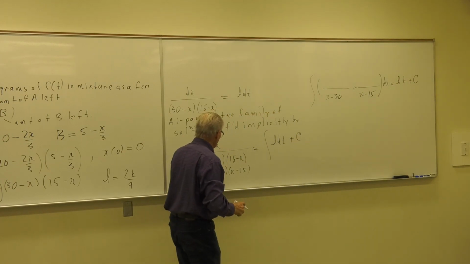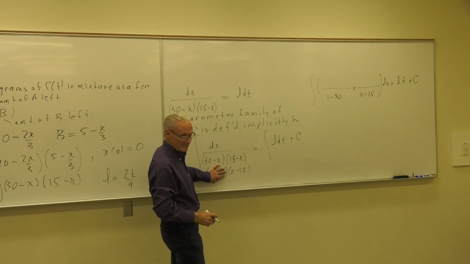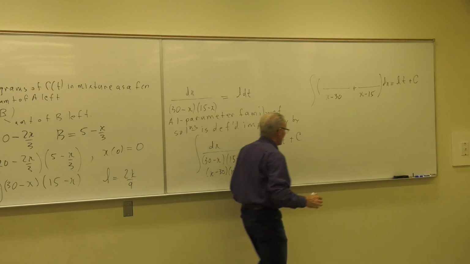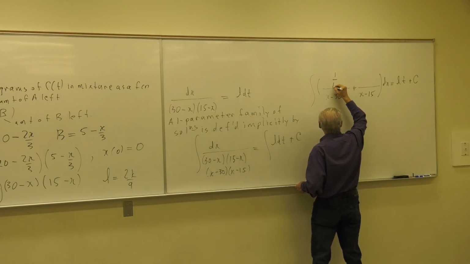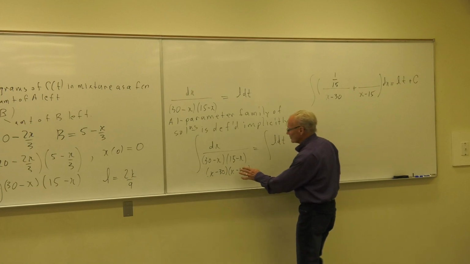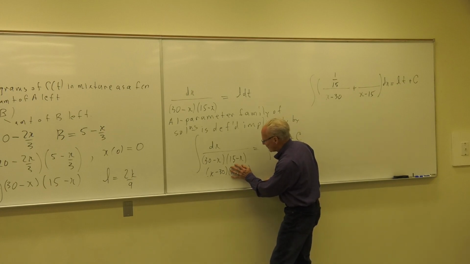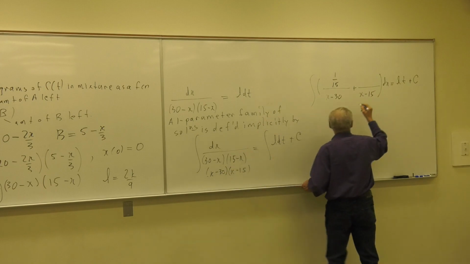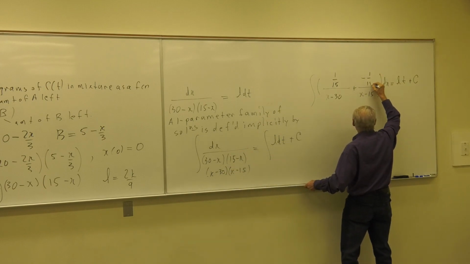You want to know what goes on top of x minus 30? You cover it, and you put 30 into what's left. Putting 30 into here, 1 over 15. You want to know what goes on top of x minus 15? You put your hand over it and you put 15 into here. You get 1 over minus 15, minus 1 over 15.